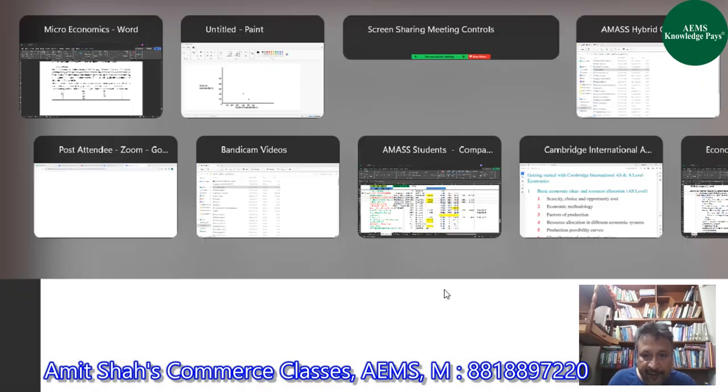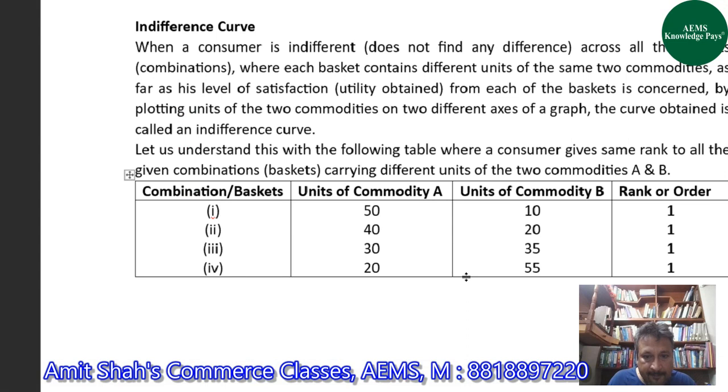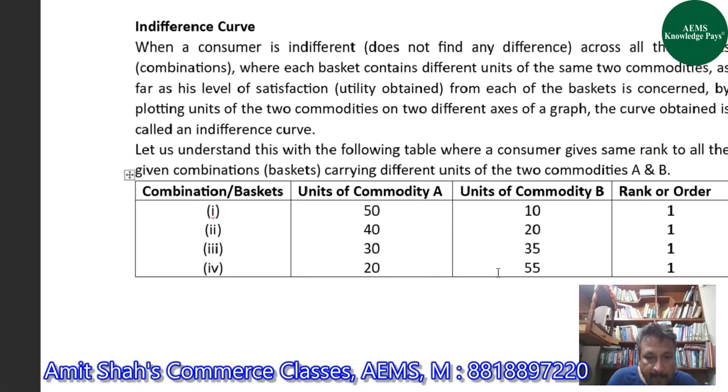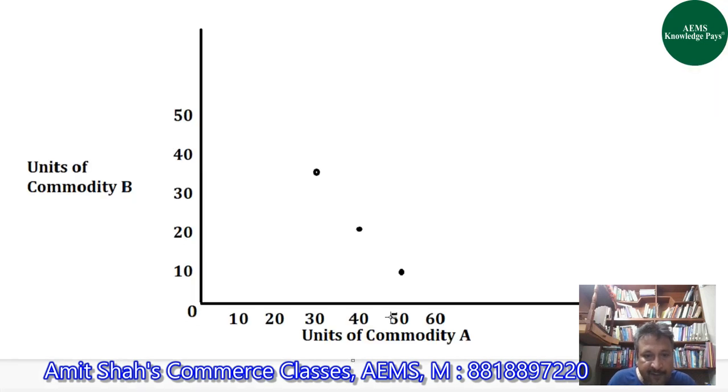Then 30 units of A and 35 units of B, it will come somewhere here. And then 20 units of A and 55 units of B. This is how we have the 4 points that I have made here.